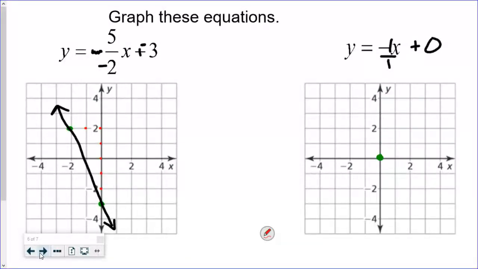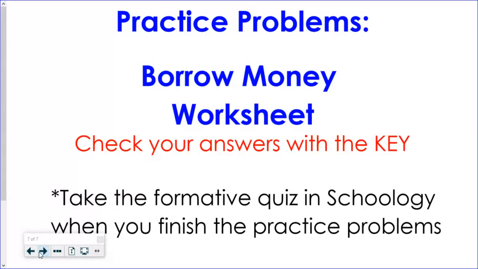So that means down 1, right 1, and make a dot. Down 1, right 1, and make a dot. Now double check, is this making a negative slope? Yes, it is. Okay, so that's slope-intercept form for today.